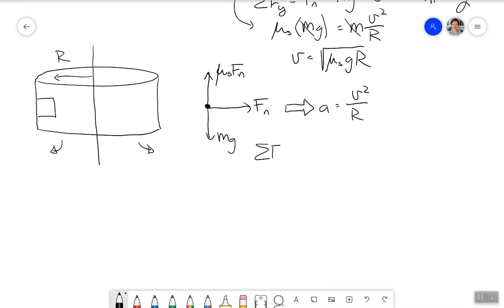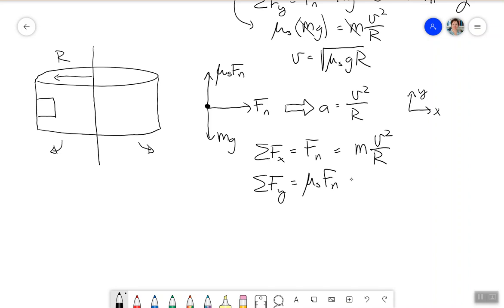The sum of the forces in the x direction, let's choose the same axes, is this time the normal force, which is mv squared over r, and the sum of the forces in the y direction is mu s times the normal force minus mg, equal to 0.